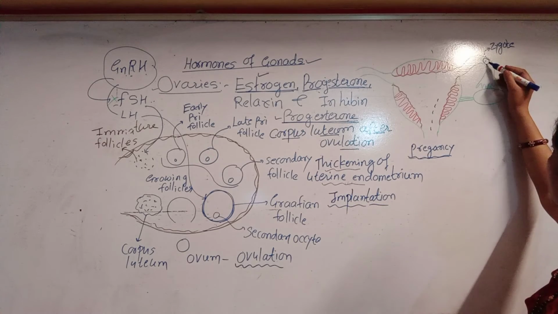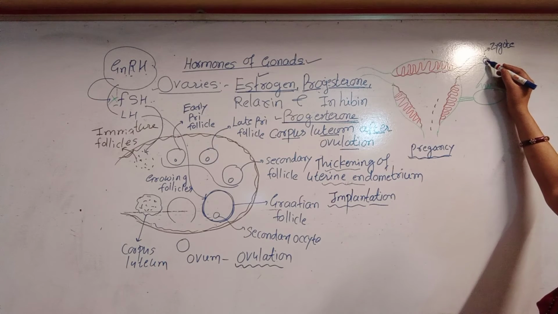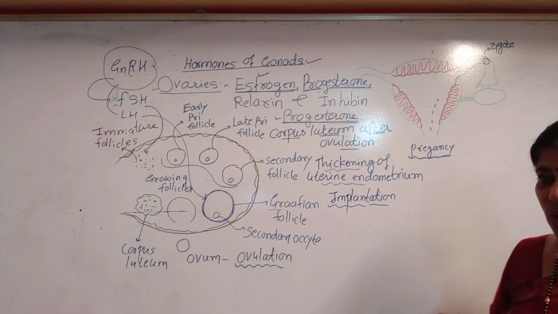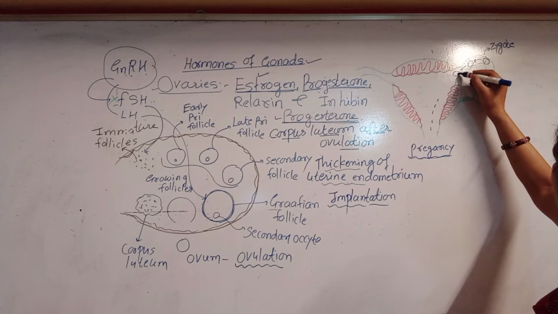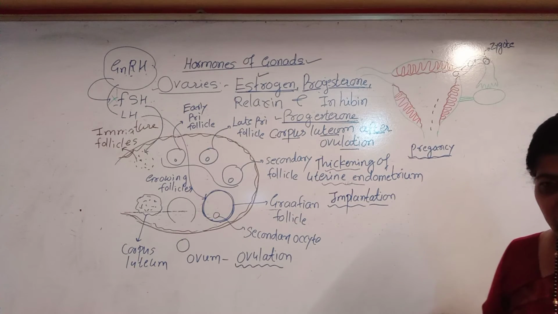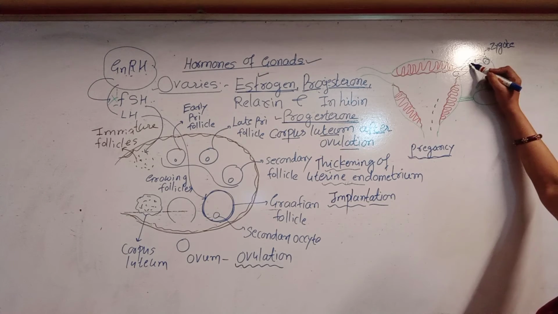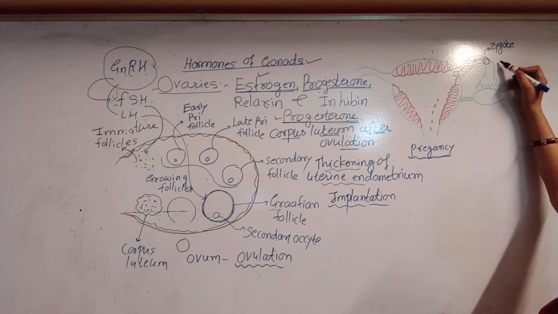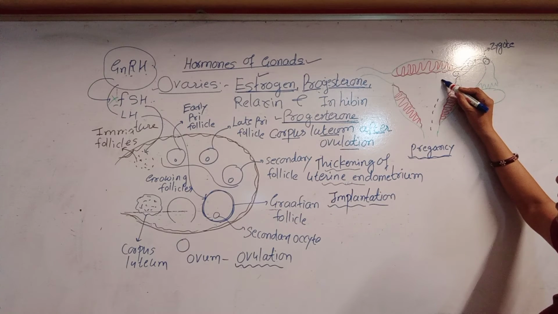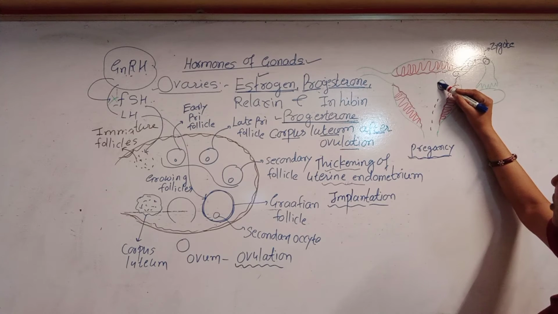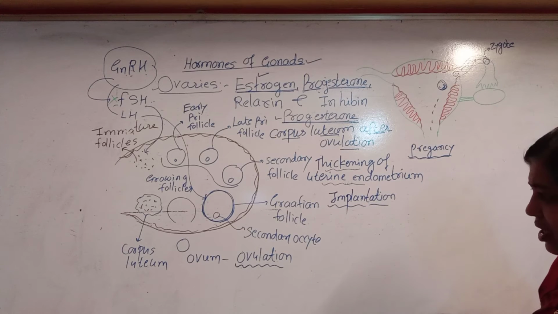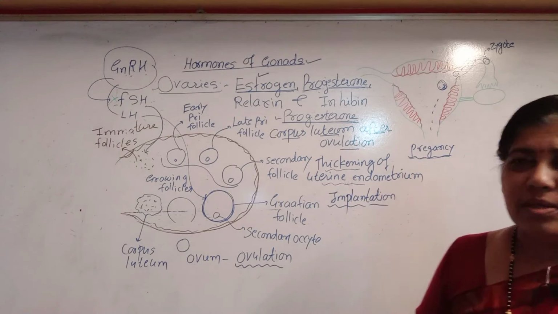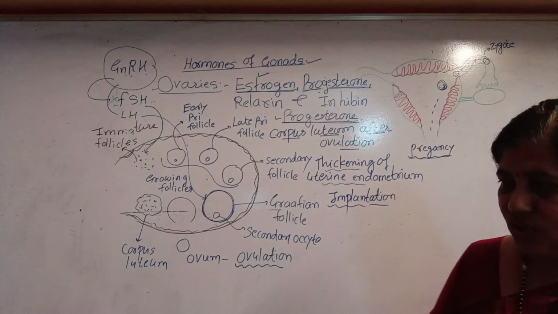So after fertilization, the zygote is formed, and then that zygote moves towards the uterus. During its movement, development takes place in the zygote. When the zygote reaches the uterus, it is at the blastocyst stage, which takes place 7 to 8 days after fertilization.